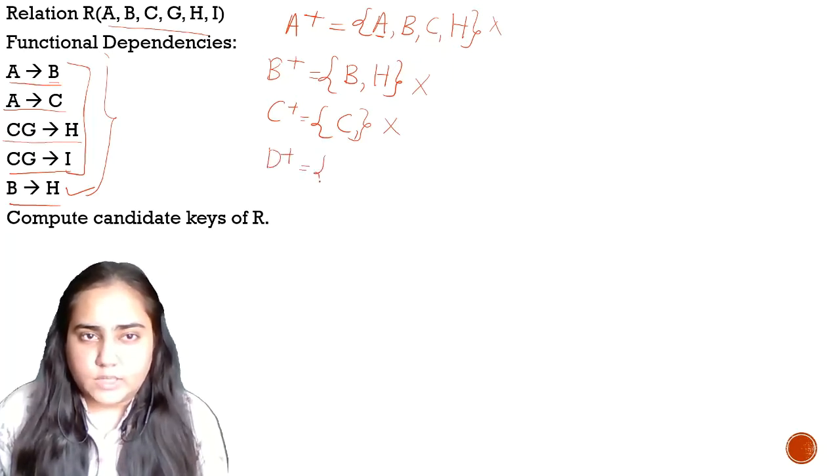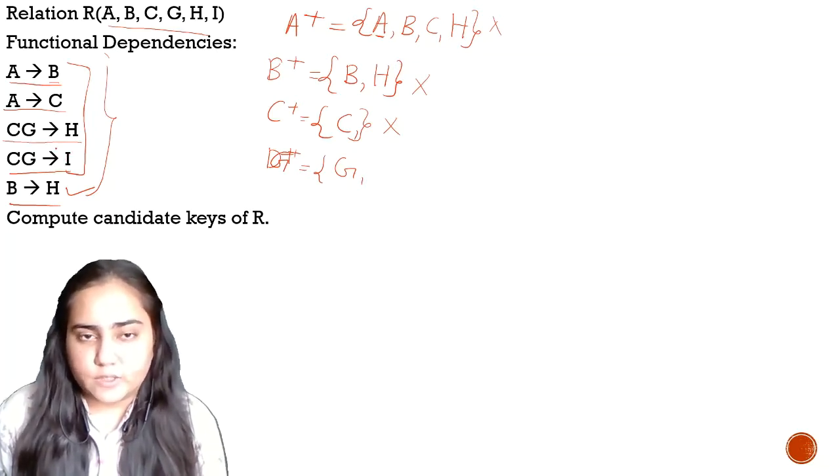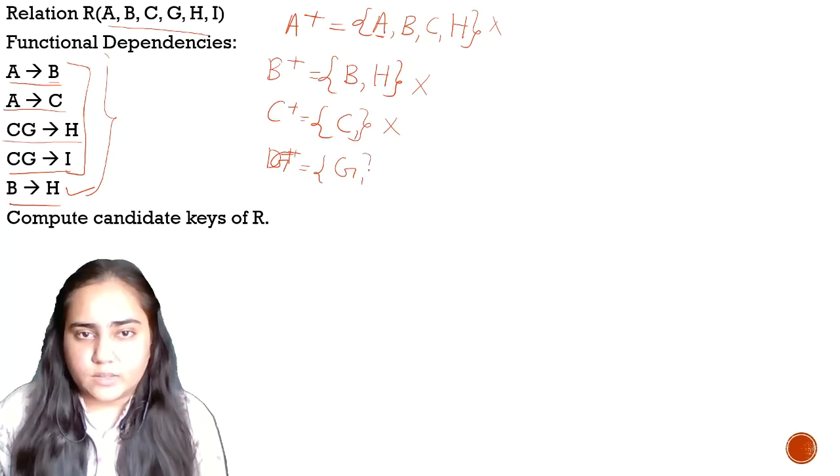Now let's calculate, there is no D, there is G. So let's calculate G plus, which means I can add G itself. But then once again, there is no functional dependency that contains only G on the left side. So I cannot add anything else, and that is it. So this is not a candidate key either.